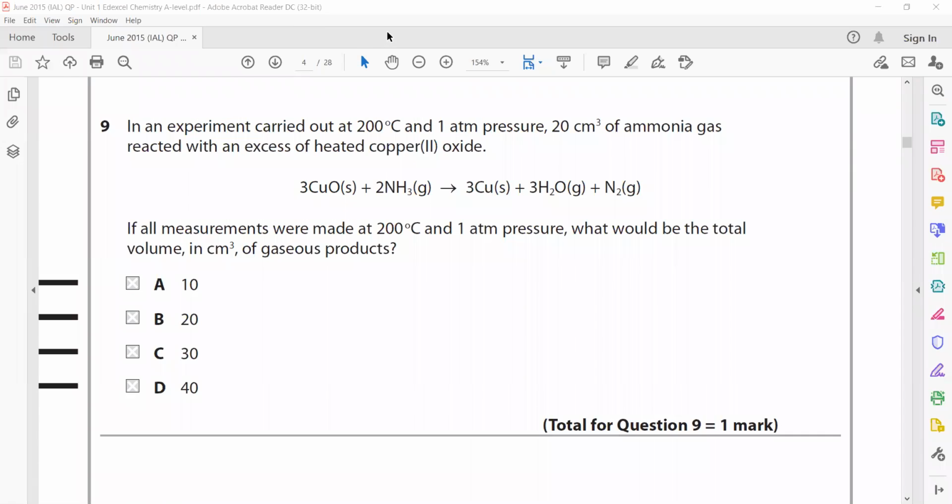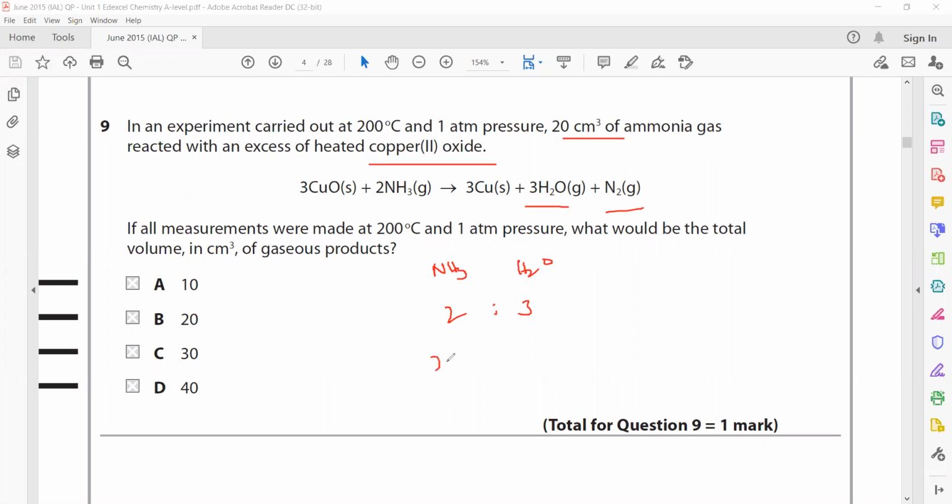Question 9. In an experiment carried out at 200 degrees, 20 cm cube of ammonia reacted with excess copper oxide. What would be the total volume of gaseous product? So we have water in a gaseous state and nitrogen in a gaseous state. What is the ratio of ammonia, which is the limiting reagent? The ratio between ammonia and water is 2:3.